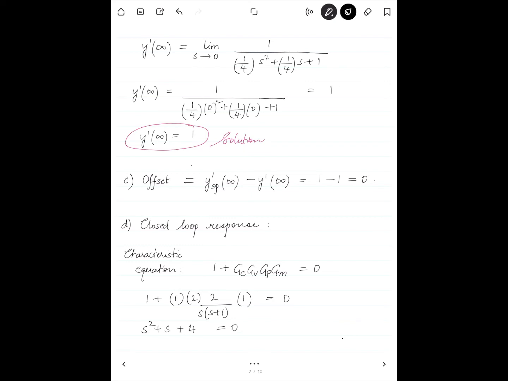That's your characteristic equation. And upon solving, we get the poles or the roots of the characteristic equation as minus 1 plus or minus j root 15, over 2. And so, as you can see over here, both poles have non-zero imaginary parts.